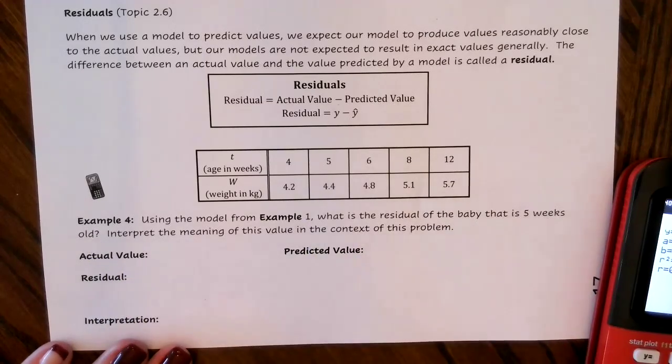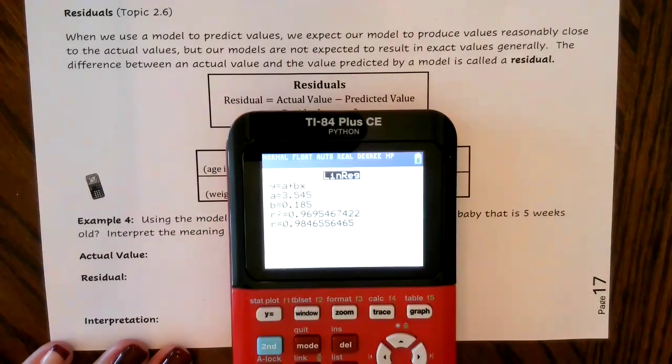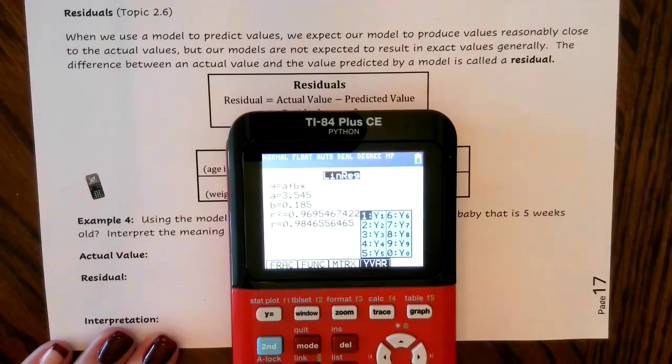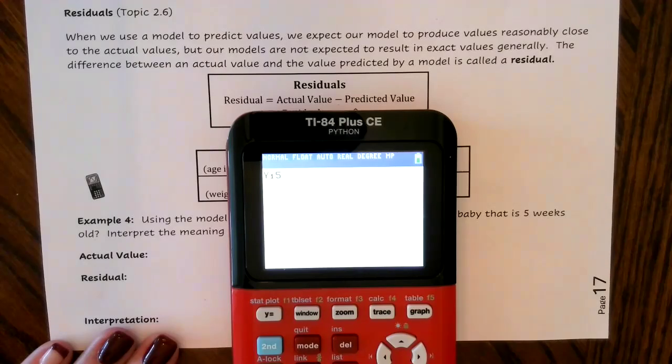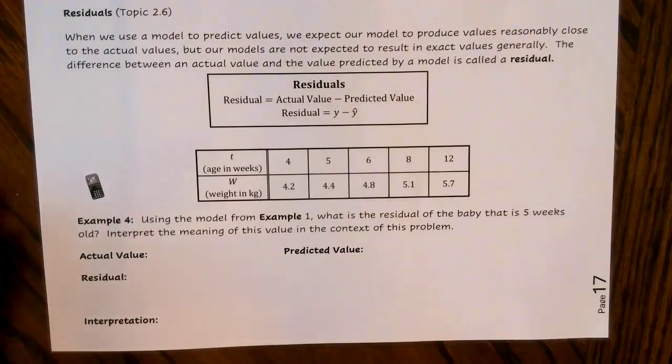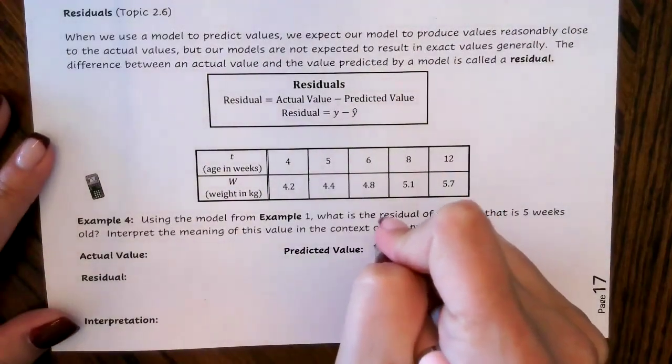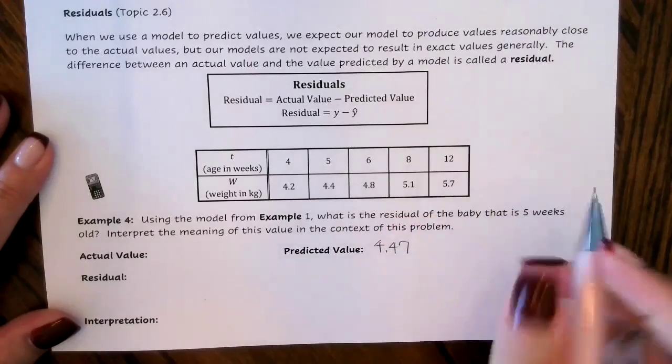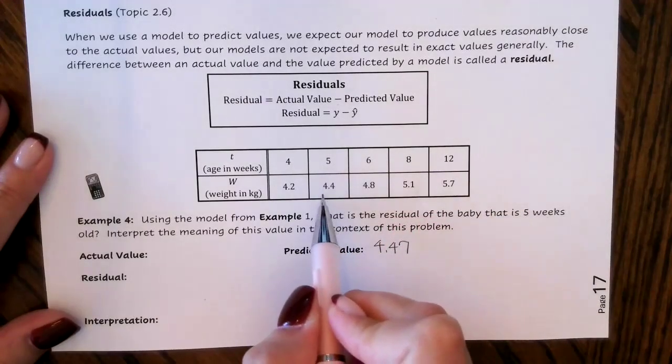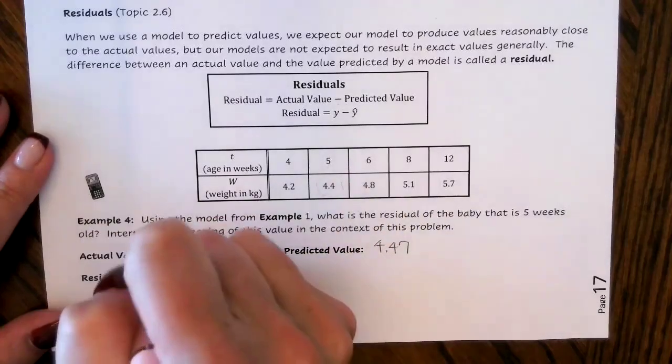All right, so at 5 weeks, alpha trace, we're going to do the 5 weeks. It is 4.47. So the predicted value is 4.47. Now at 5 weeks right here, the actual is 4.4.